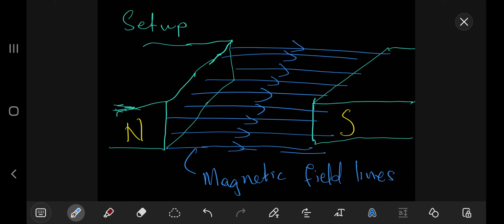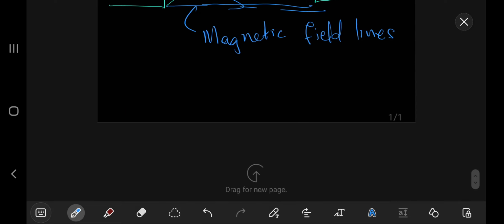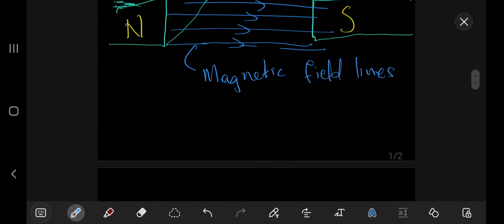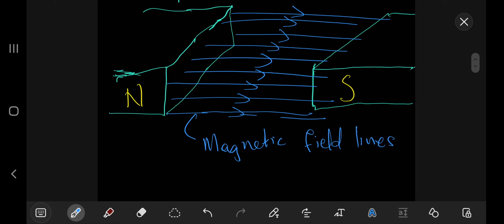Okay, so this is the first thing we put in our setup. We put two magnets and in between we want to develop this magnetic field. But the magnetic field must be very strong between these two magnets, right? And how can we make this magnetic field strong? By using strong magnets, right?